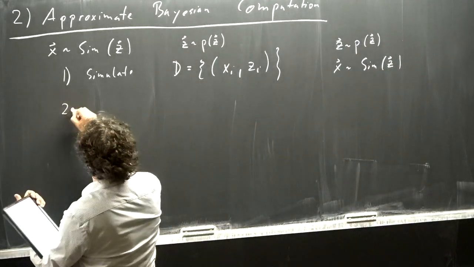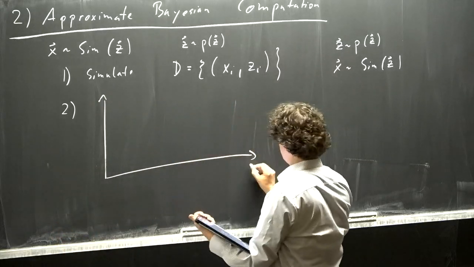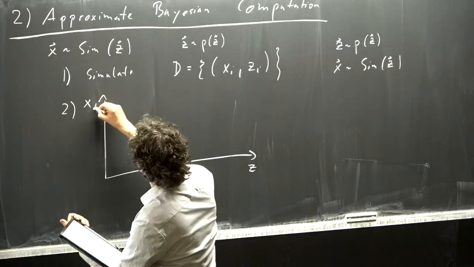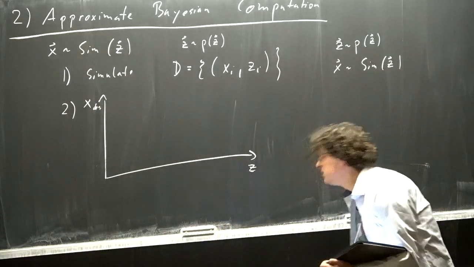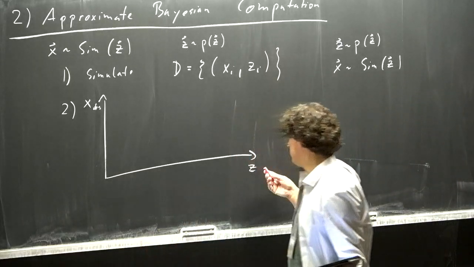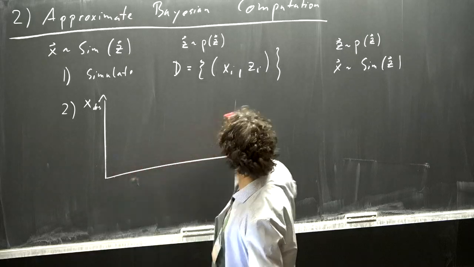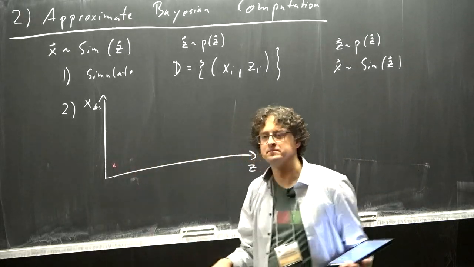And then what you can do, if everything is low dimensional at least, or if the parameter is one dimensional and the observations are low dimensional, is just put all the simulation results in the plane, right? In one case, we might have sampled this value for Z, and then we put this in the simulator, and we end up with the result here.